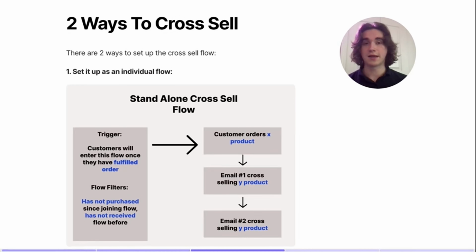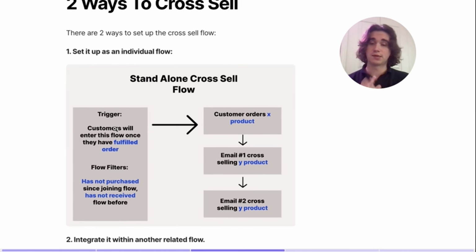When it comes to setting up the cross-sell flow, there are two ways that you can set up this automation. The first is setting it up as an individual standalone automation. So this will trigger when someone has fulfilled an order, and the flow filters here will be that they haven't purchased since joining the flow and they haven't received the flow before. So essentially, the way that this would be set up is that you choose an item that triggers the cross-sell flow.